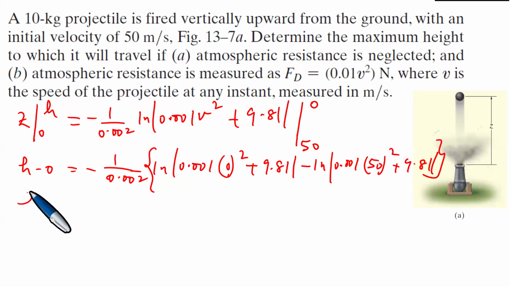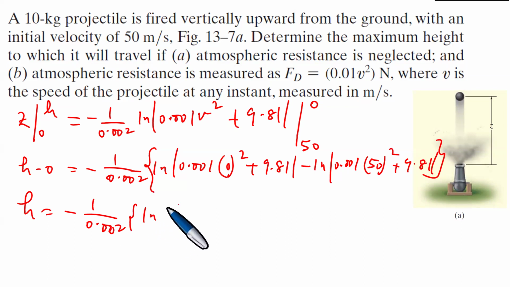Here h is minus 1 divided by 0.002 times the natural log. 0 squared is 0, times 0.001 is 0, meaning we have the natural log of the absolute value of 9.81, minus the natural log of 50 squared times 0.001 plus 9.81.